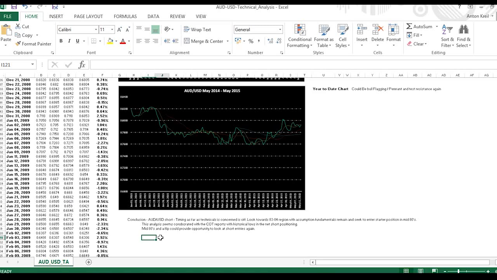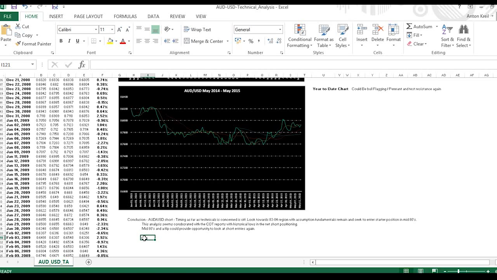So anything above that could be a good entry. So what we're looking for really is around 81 as a potential short, as long as the fundamentals are still in place. But if we do get a rally up to the, say, 82, even 83, 84 region, with obviously the assumption that the fundamentals remain, we will seek to enter a starter position.